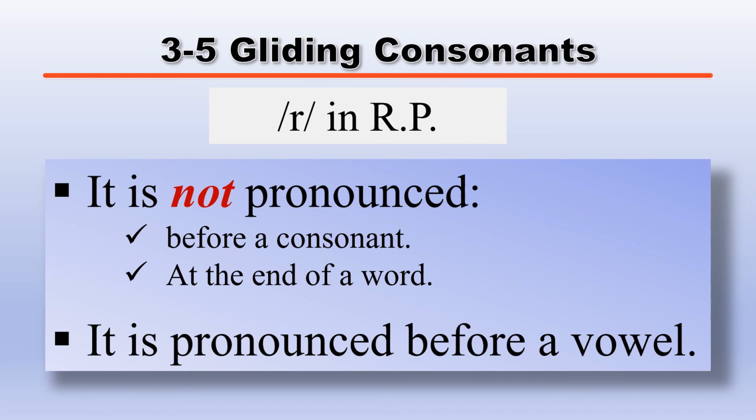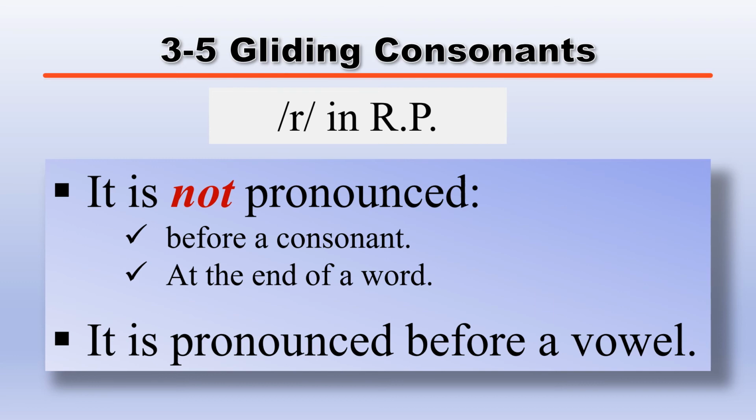And we have to say something about ra in RP. How do they pronounce it, and when they pronounce it and when they don't. Ra is not pronounced before a consonant, just like the word sport when I say it in the lecture. And at the end of a word, we don't pronounce ra, for example, the word never or lecture.